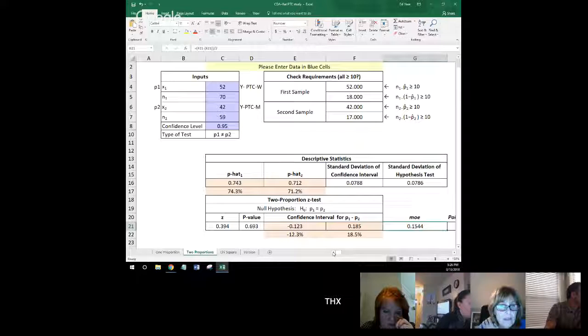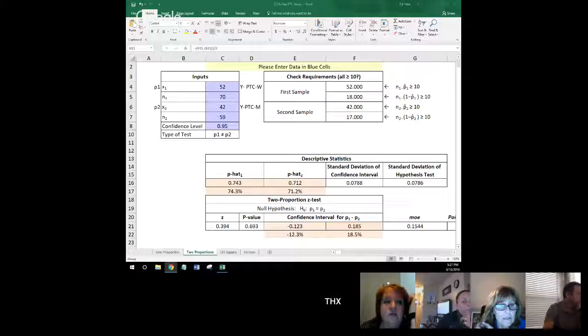So, is everybody okay up to question 9? I am. So with the level of significance of 0.05, what decision did you make?